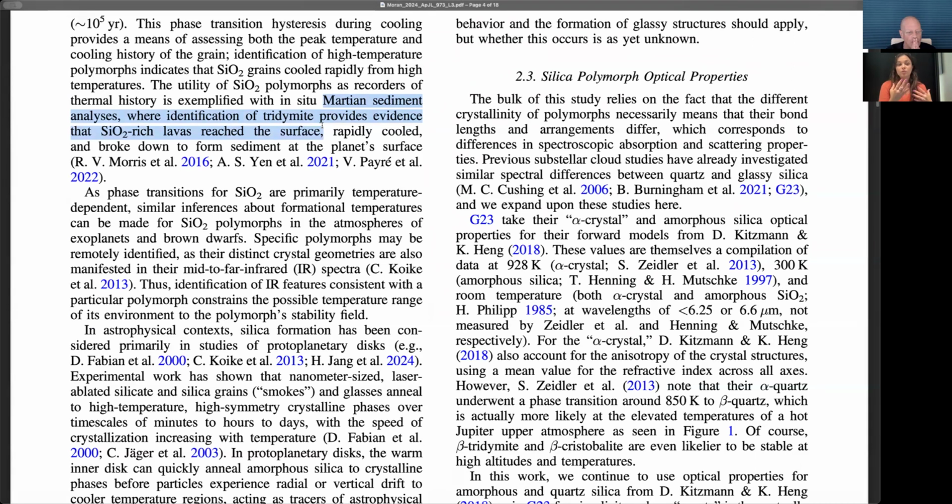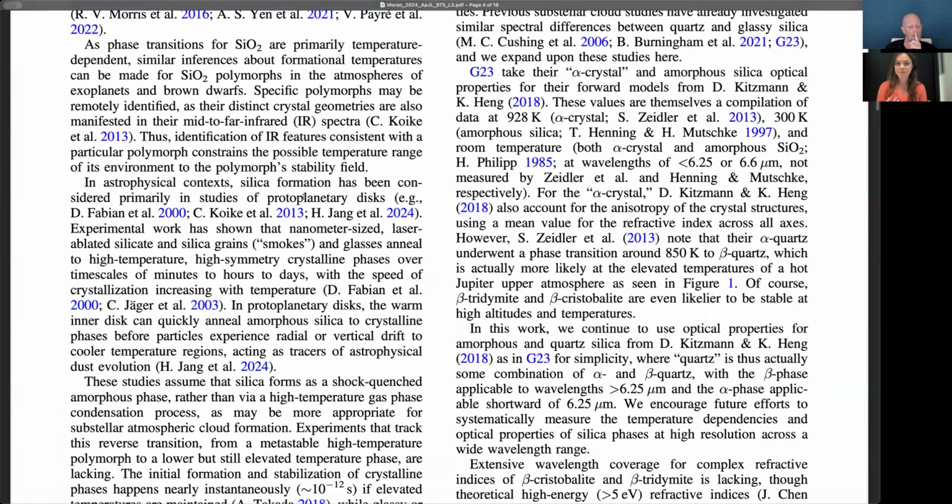And so the reason that these things are different is because the crystal structure is different. That means spectroscopically, if you have these tiny differences in the bond length and shape, you should expect the spectra to be at least somewhat different. This has also been thought about a lot in protoplanetary disks, and that was actually where a lot of the information I could find came from.